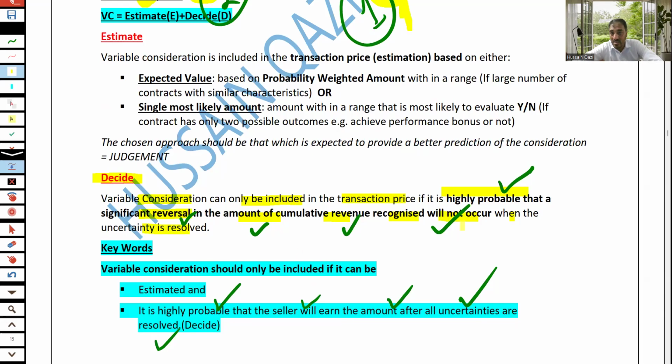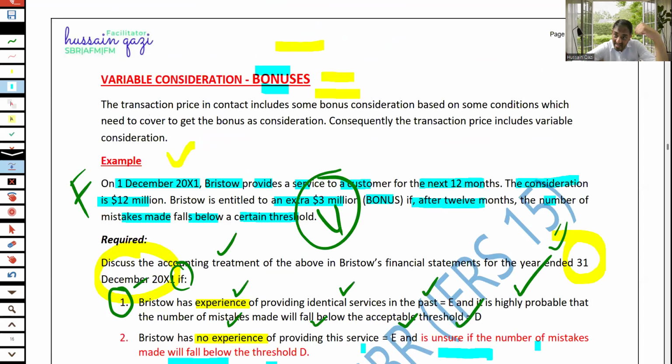Decide. Highly probable. What is highly probable? Highly probable that a significant reversal of the revenue will not occur. That means 48 units will not reverse, will not return.